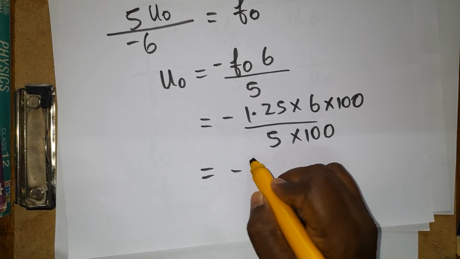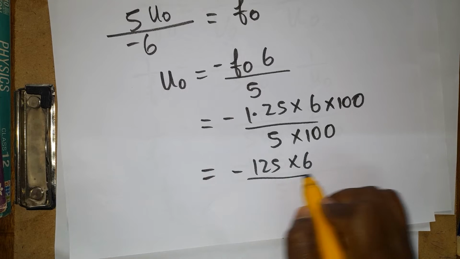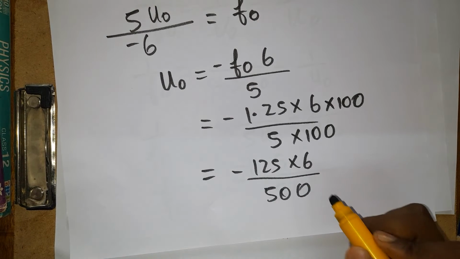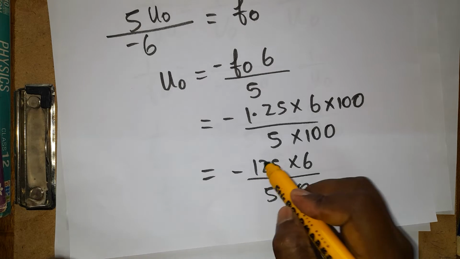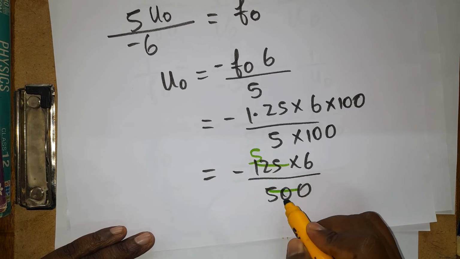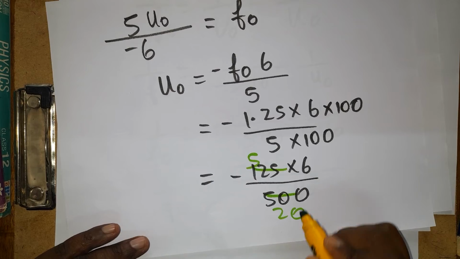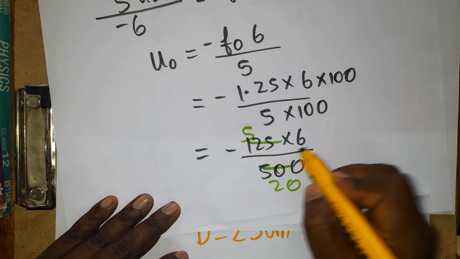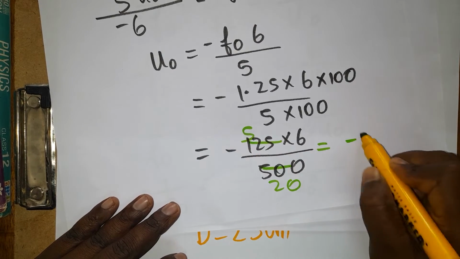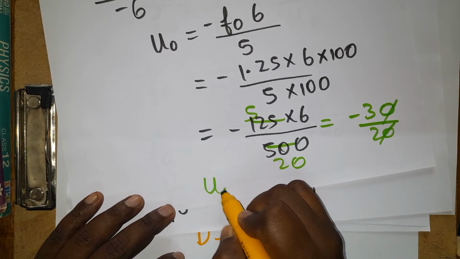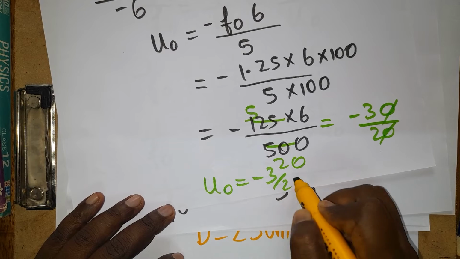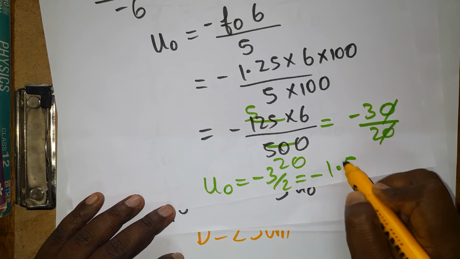So minus 125 into 6 divided by 500. Now I am going to cancel with the 25 table: it will be 5, this will be 20. Normal cancellation only. This is minus 30 divided by 20, so UO is going to be minus 3 divided by 2, which is minus 1.5 centimeter.